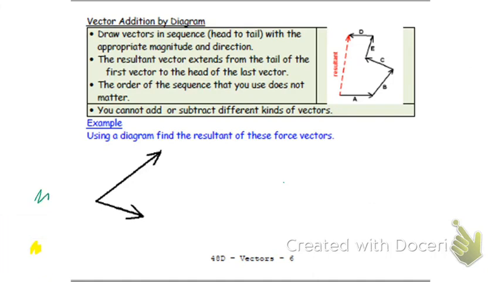And the next common mistake is that the resultant replaces all those little steps. So the resultant starts at the beginning of the beginning and it ends at the end of the end. People sometimes put the arrowhead down here because they're closing the circle, closing the shape, and that's not correct. The resultant replaces those guys.